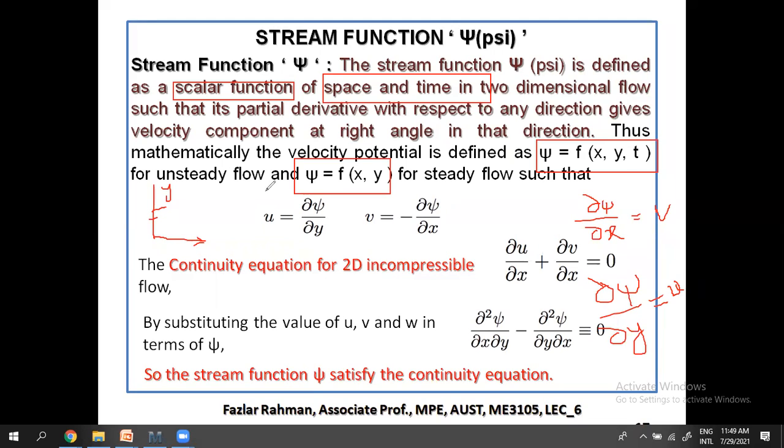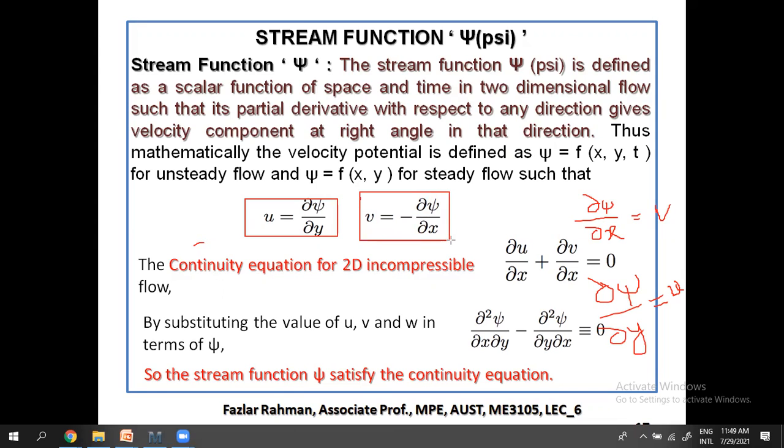Now, right over here, let me erase the box. Del psi by del y is u, right? This is u, and for v they put a negative sign in front of del psi by del x.